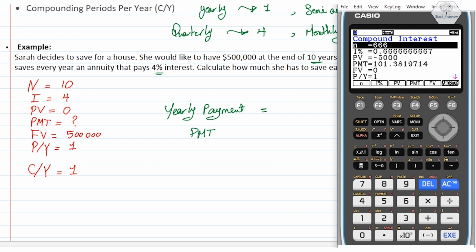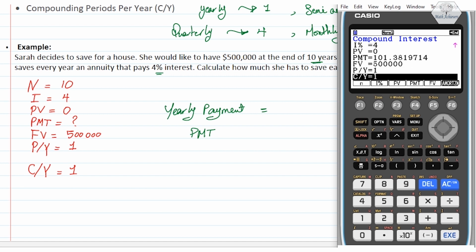Now we fill N to be 10. The interest is 4. The present value is 0. The payment, we don't know the payment, so we keep it. The future value is 500,000. The payments per year is 1. And the compounding periods per year is equal to 1.